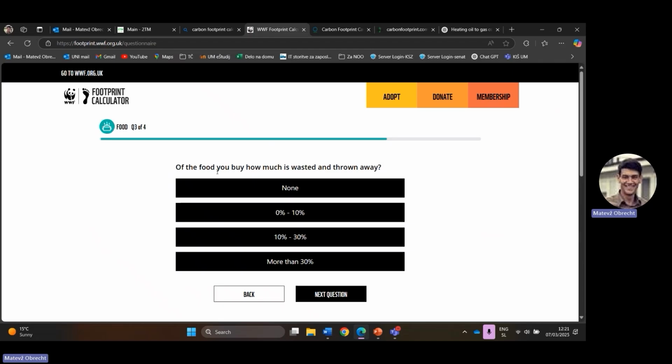Another question is what we do with our food: if we produce food, cook food, eat food, or throw it away. How much of the food that we buy and cook is thrown away? From my perspective, I'm quite rational here, so we really don't throw food away. Even so, when I made calculations of how much food waste we have, we are still at around 10%.